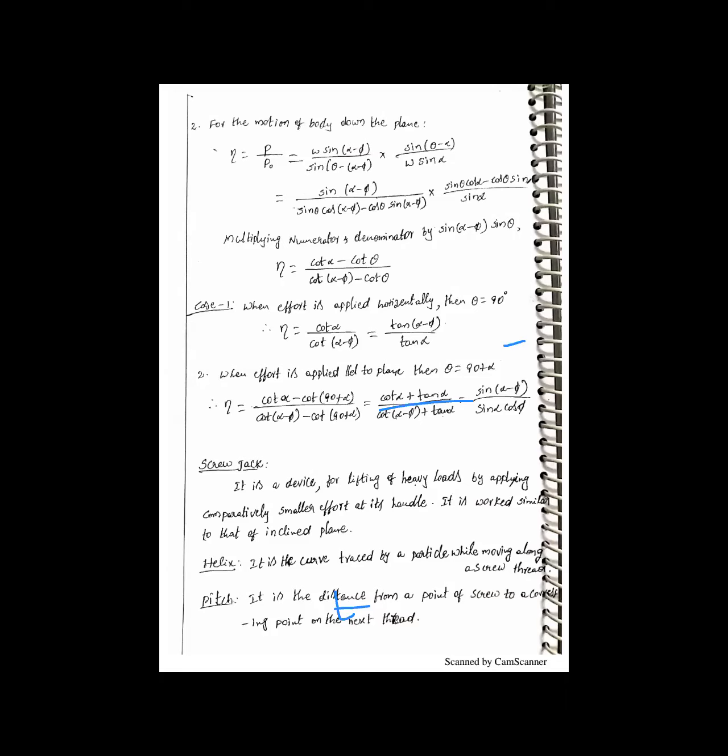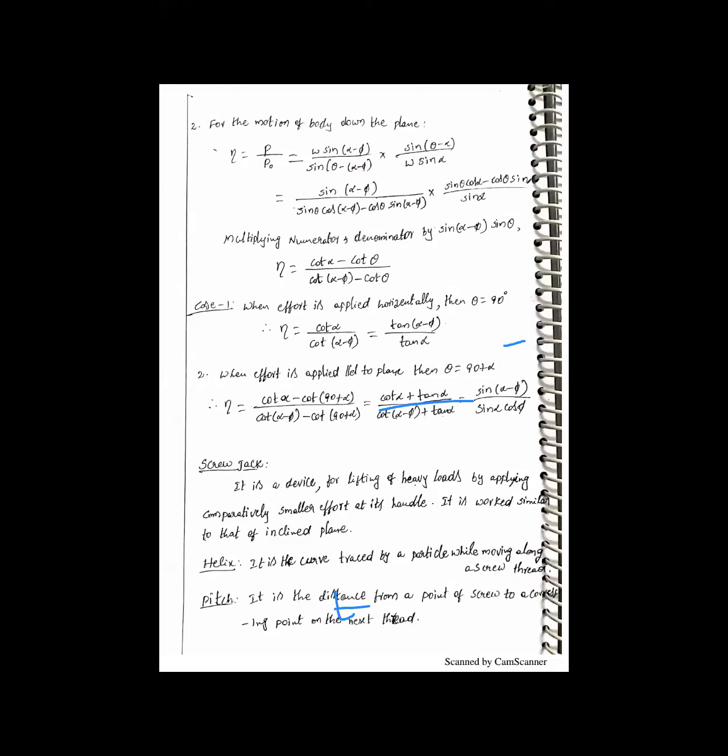Again we write the sin A minus B formula, that is sin A cos B minus cos A sin B, and sin theta minus alpha is similar: sin theta cos alpha minus cos theta sin alpha, by sin alpha. So we have a big equation. For simplifying, we multiply numerator and denominator with sin alpha minus phi into sin theta.